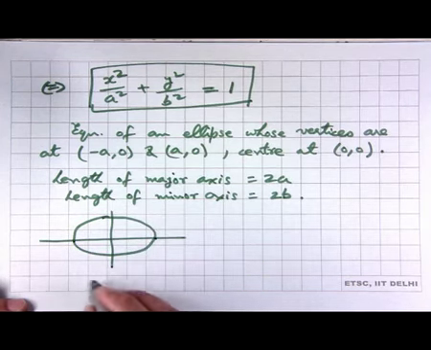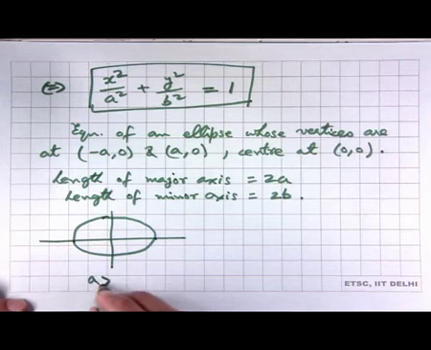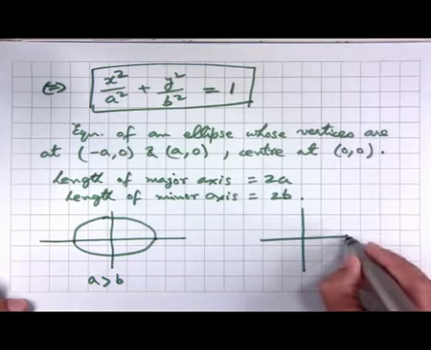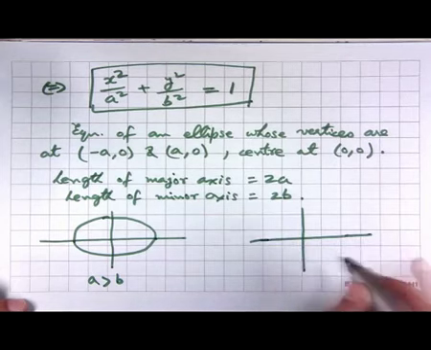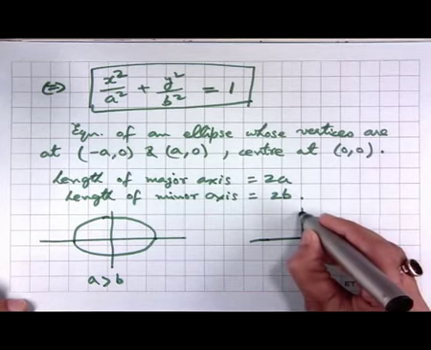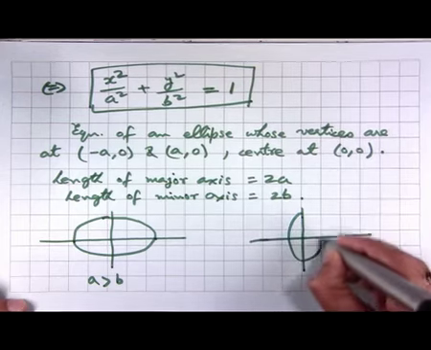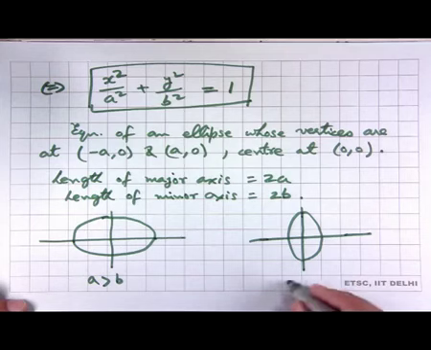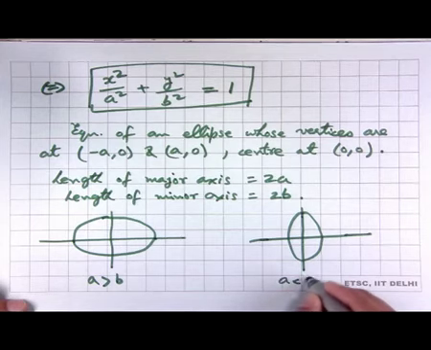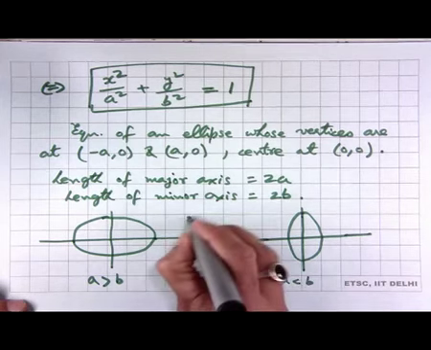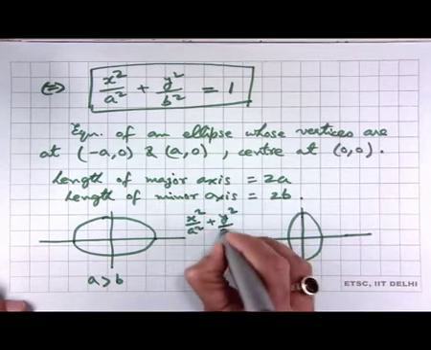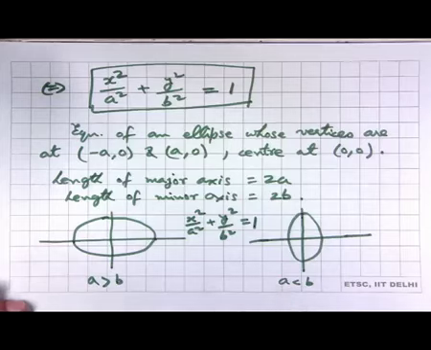This is the case where a is bigger than b, or we can have the major axis smaller than the minor axis. So, this is the equation for a less than b. Both are this equation: x square by a square plus y square by b square equal to 1.